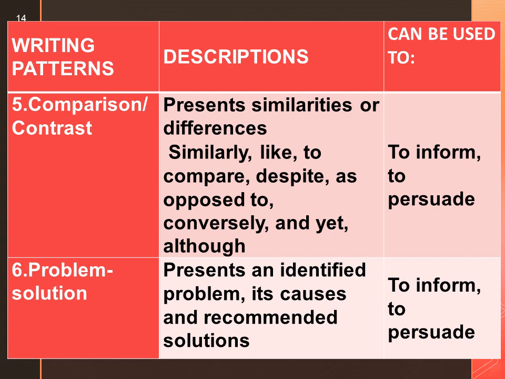And take a look at the usage of comparison, contrast, and problem solution. They are both used for informing an audience and persuading an audience. To better understand comparison, contrast, and problem solution, please allow me to show you one sample.